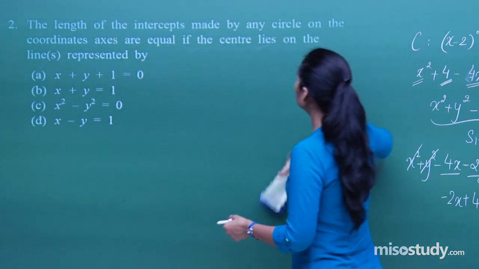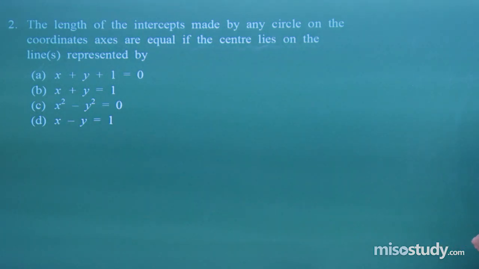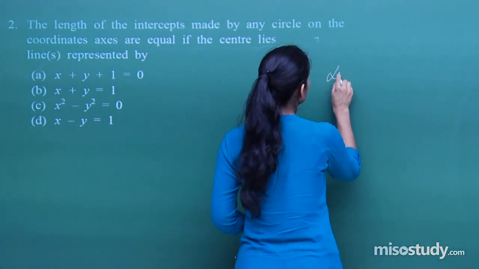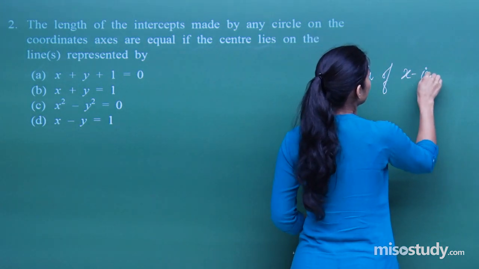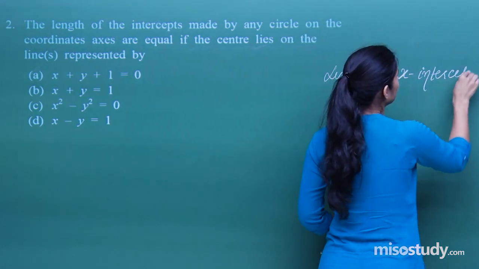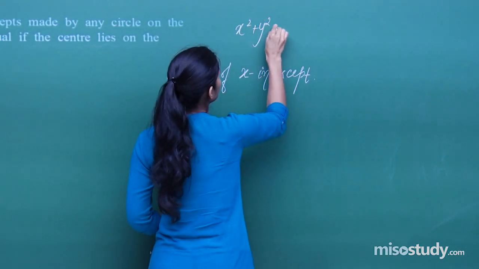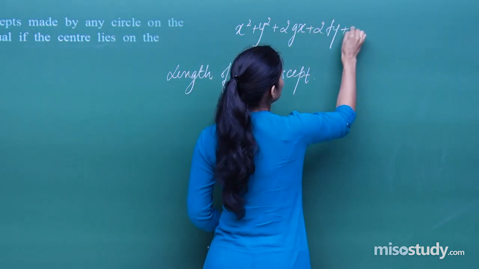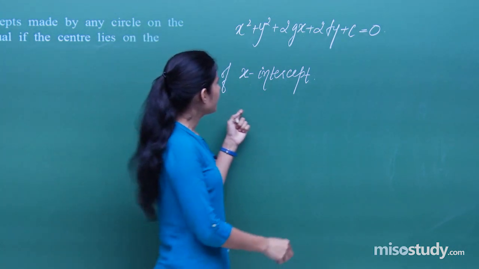Moving on to the next question, we have: length of the intercept made by any circle on the coordinate axes are equal if the center lies on which line? Okay, so it is evident that I am talking about the length of the x-intercept and the y-intercept. If I am talking about the general circle x² + y² + 2gx + 2fy + c = 0, what is the length of the x-intercept?